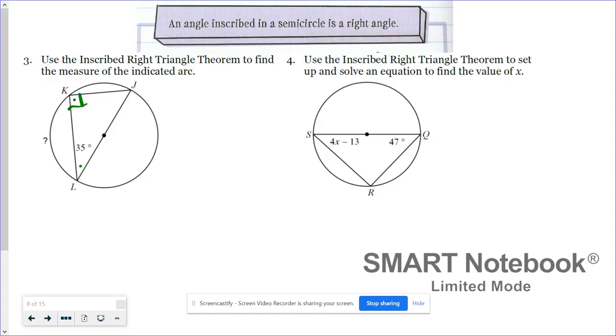If I do some subtraction, 180 minus 90 minus 35, I get that angle J is 55 degrees.